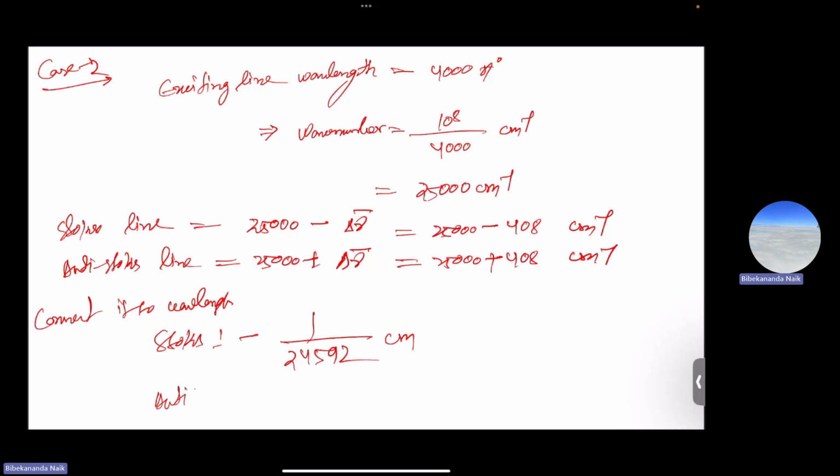And anti-Stokes will be 1 by 25408 centimeters. So it will come out to be 4066.3 Angstrom for Stokes, and anti-Stokes will be 3935.7 Angstrom.